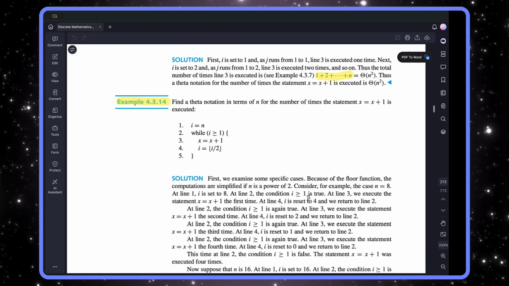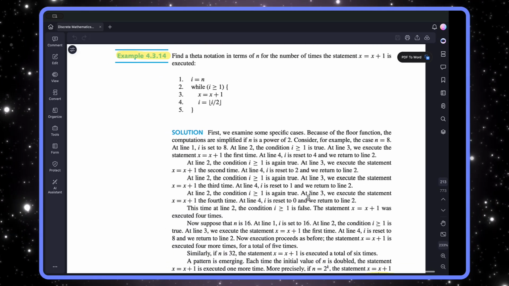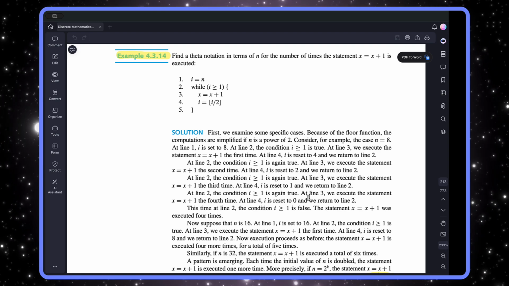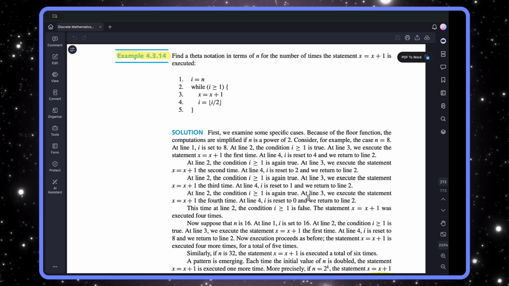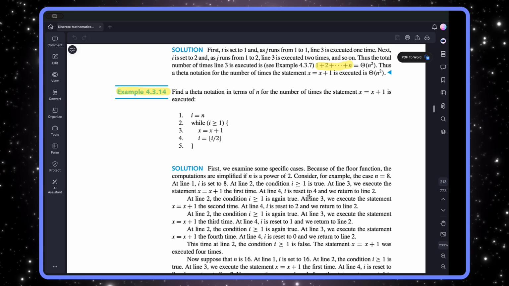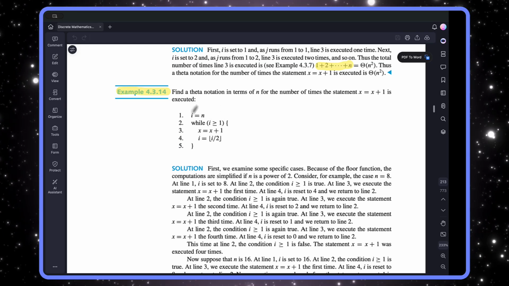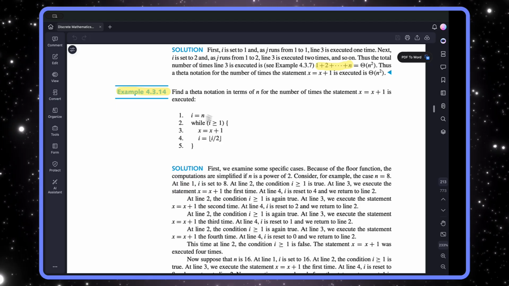Now, this is a really good example to look at because it will give you an idea of the types of calculations that one needs to do when dealing with this. So let's do the same thing, but now here's a different algorithm. How does this algorithm work?